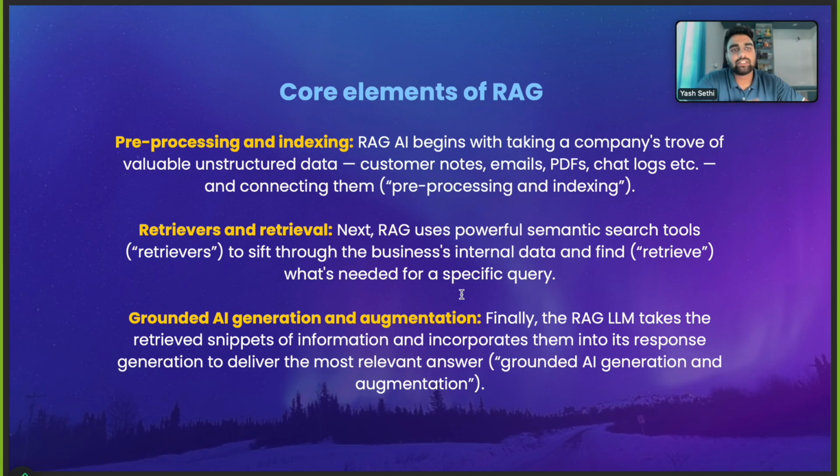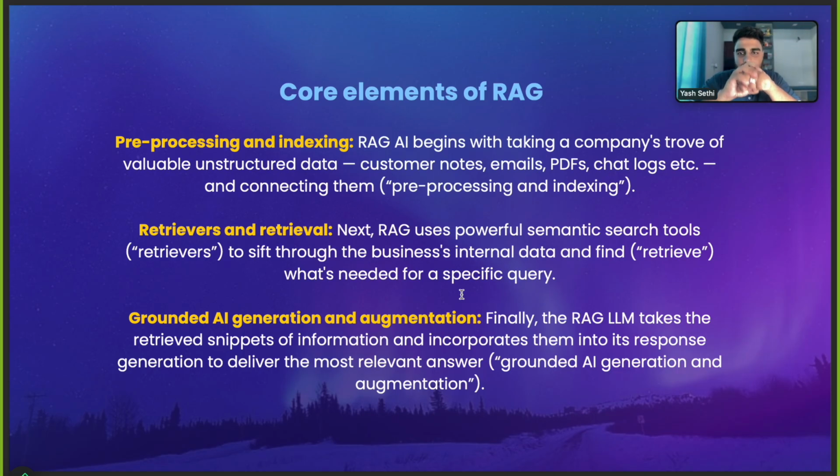These are the core elements of RAG: pre-processing and indexing, retrieval, grounded AI generation, and augmentation. So this is your RAG. First, as soon as you provide any prompt to your agent, RAG will collect all the unstructured data.